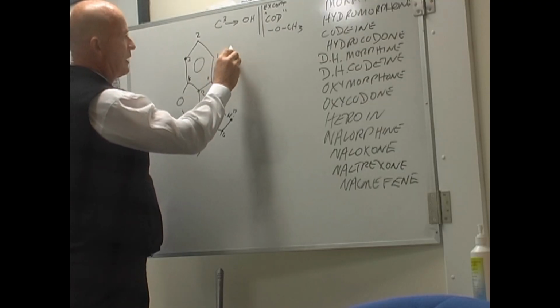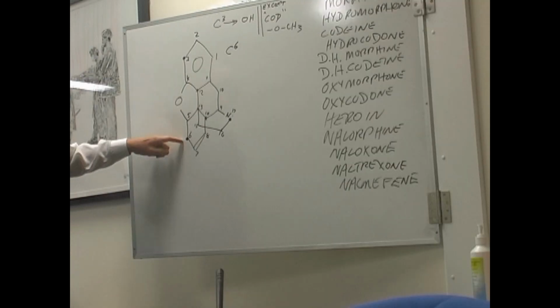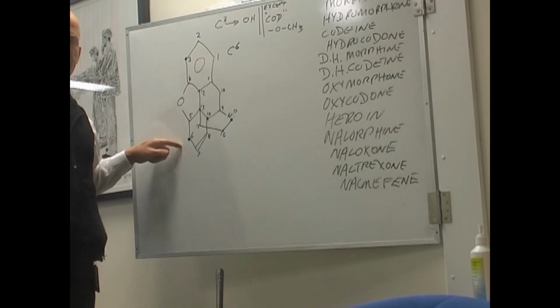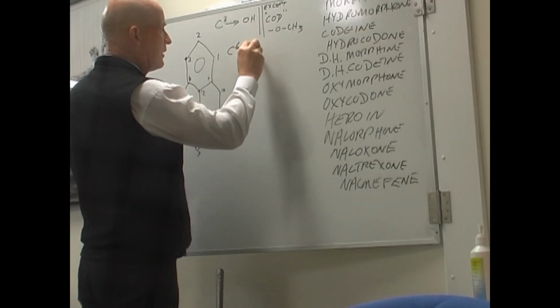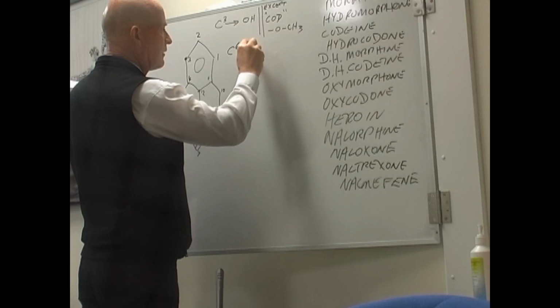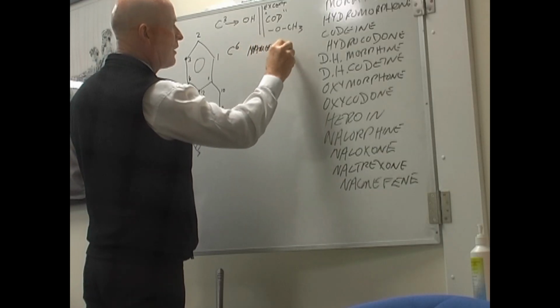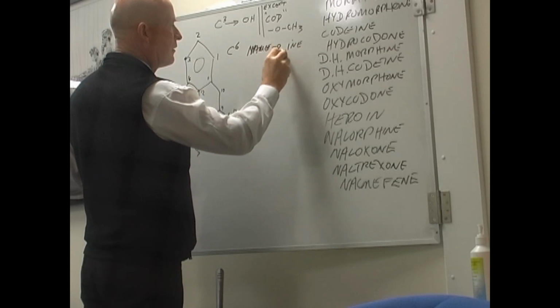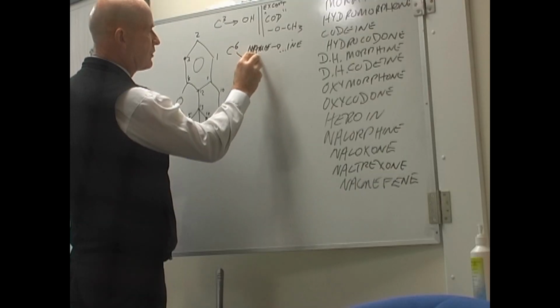Now the next rule is at C6, down the bottom of the molecule. The bottom of the molecule relates to what's happening at the end of the structure. So if the name of the drug ends in INE, morphine, codeine, whatever, then C6 will have an OH on it.